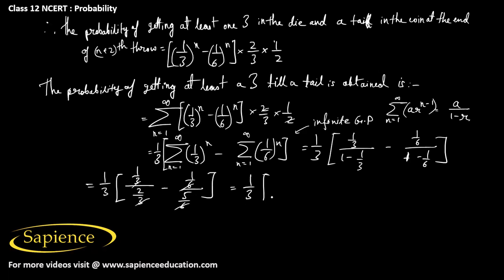So this is 1 by 3 into 1 by 2 minus 1 by 5, which is 1 by 3 into 5 minus 2 by 10. So the 3s will cancel, and this will be 1 by 10. So this is the final answer. Thank you.